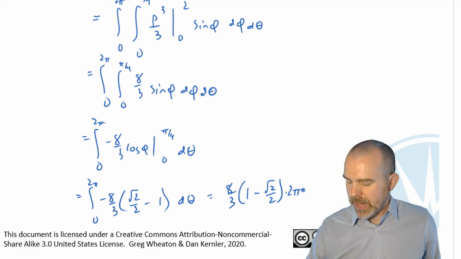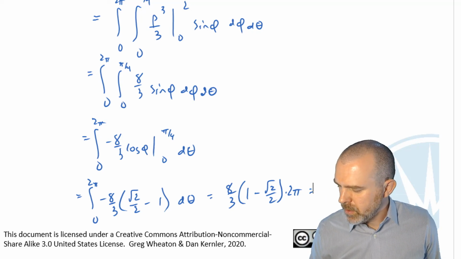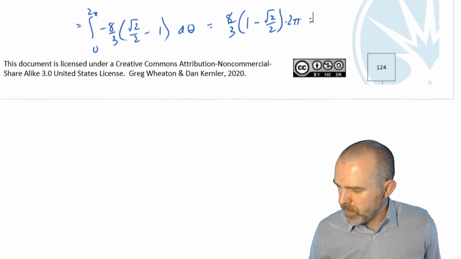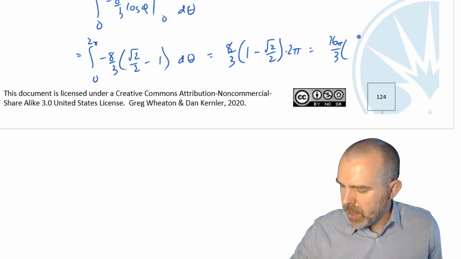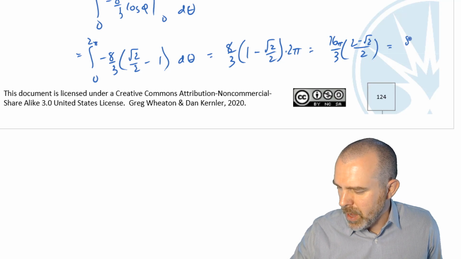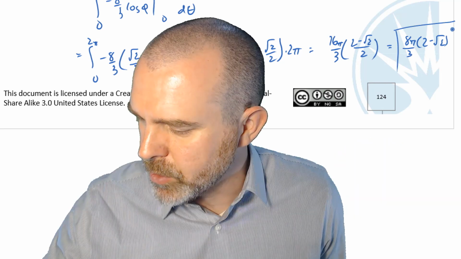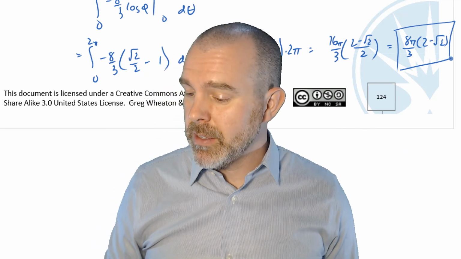So we get 16 pi over 3 times 2 minus square root of 2 over 2. So 8 pi over 3 times 2 minus square root of 2. That's about as good as I can get. That looks pretty good. And that is the volume of this ice cream cone.